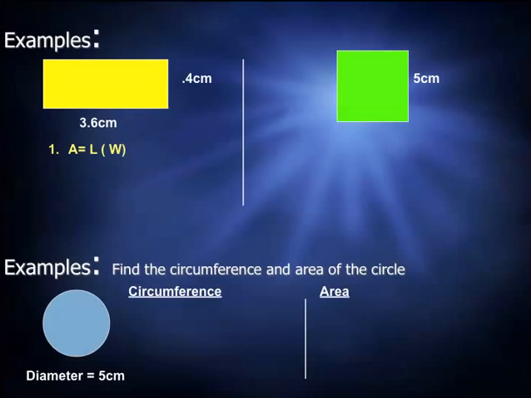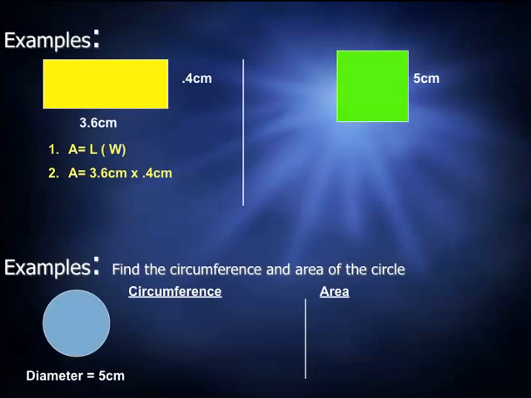When you substitute in your numbers, including the units, area equals 3.6 centimeters times 0.4 centimeters. You will need your calculator in this unit just about every day. And what do you get for an answer? Tanya? 1.44 centimeters.